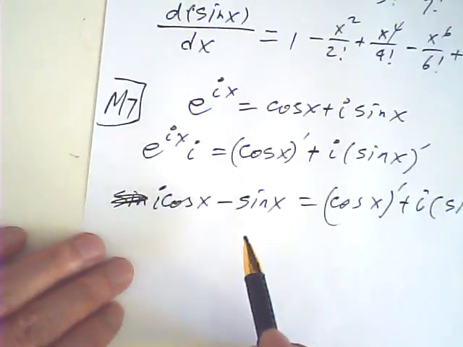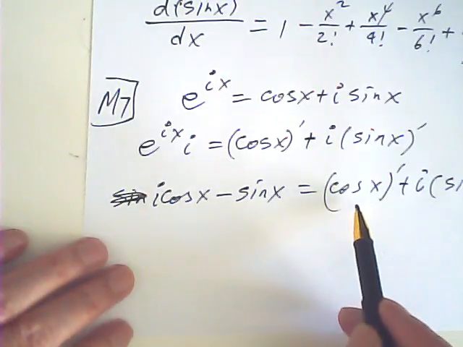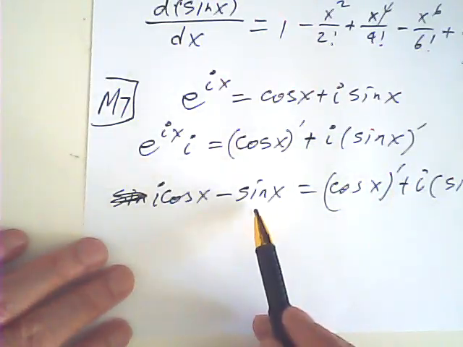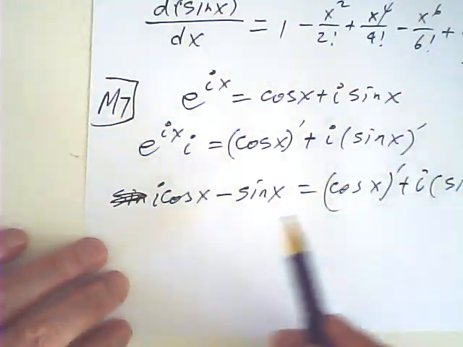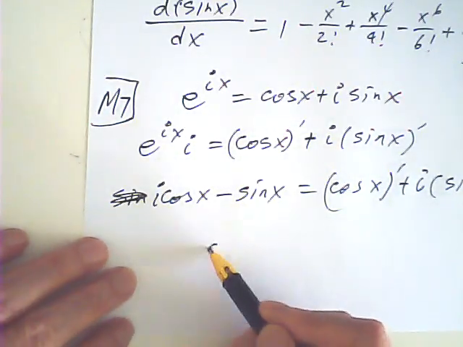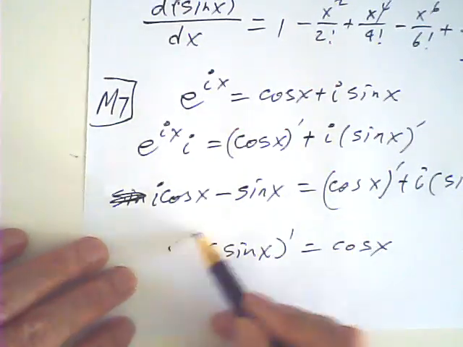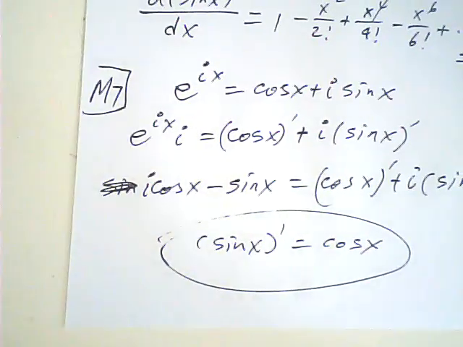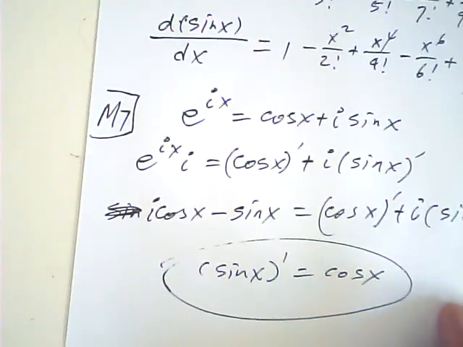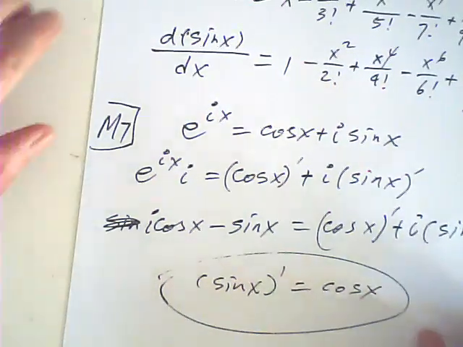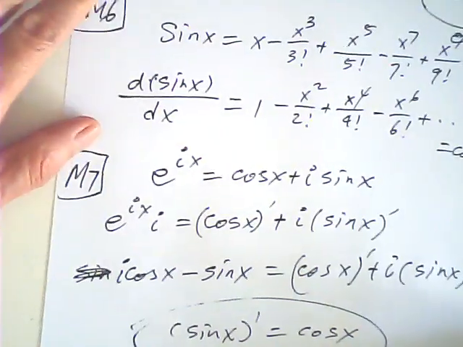So the real parts must be the same. Therefore, the cosine derivative is a negative sine. The sine derivative is equal to cosine. Okay, that sine derivative is cosine. Wow, that's, I don't know, it could be considered as a proof. But anyhow, overall, it's 7 proofs.